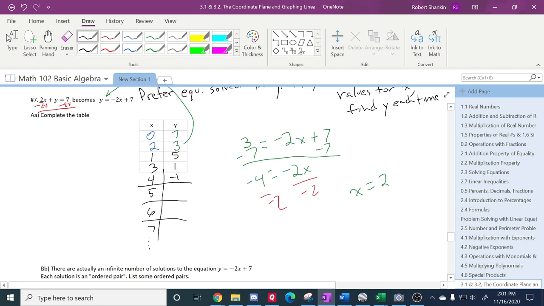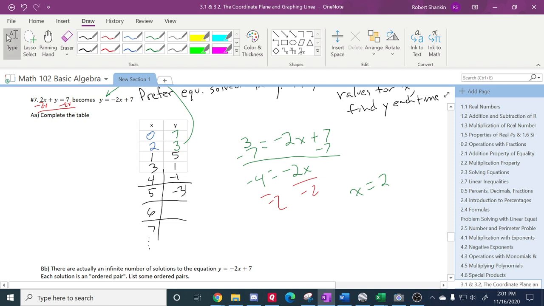And we plug in 5, you get negative 10 plus 7, which is negative 3, and so on. But you can get an infinite number of entries into this table. You could pick x to be any number you want.